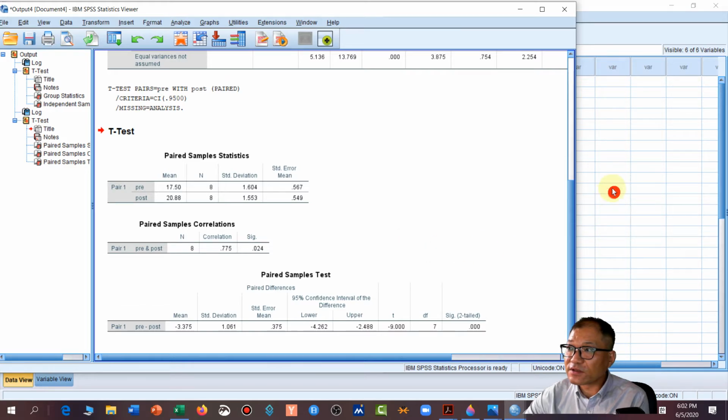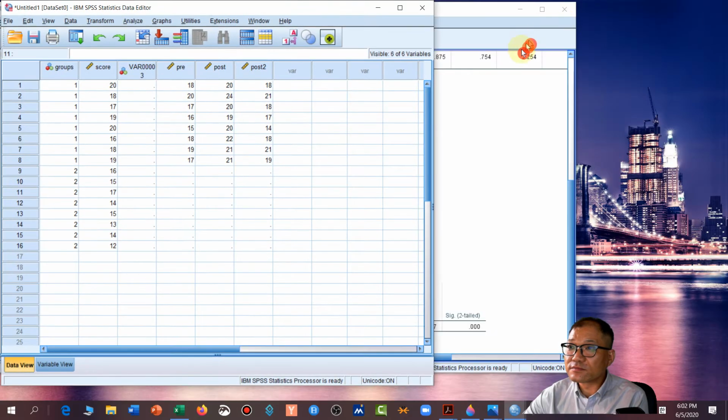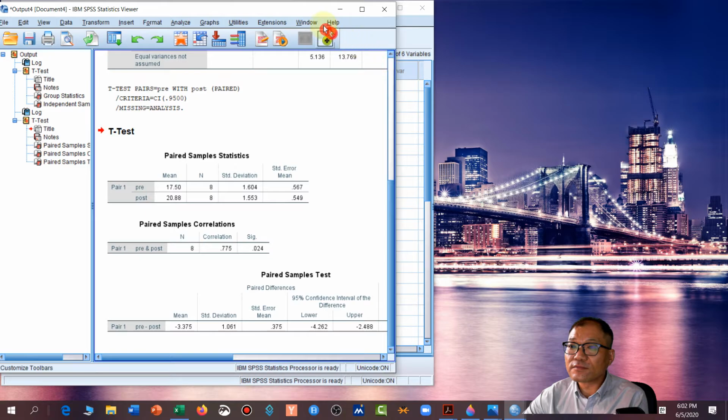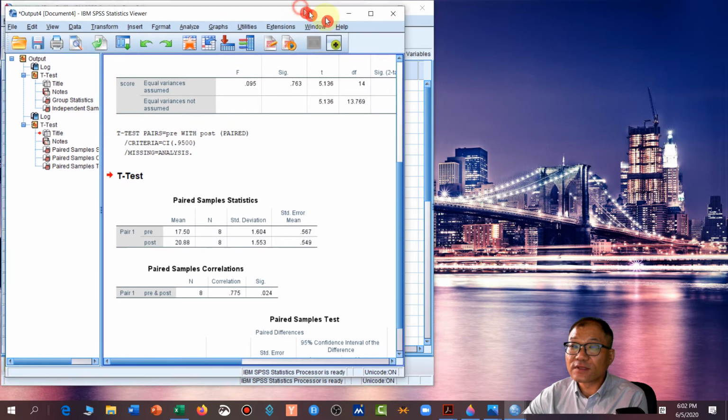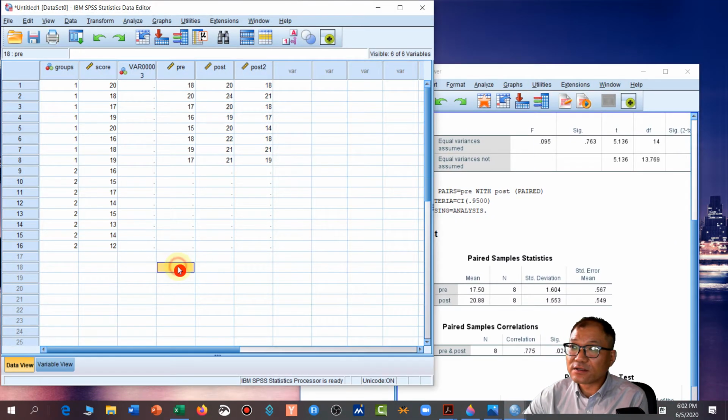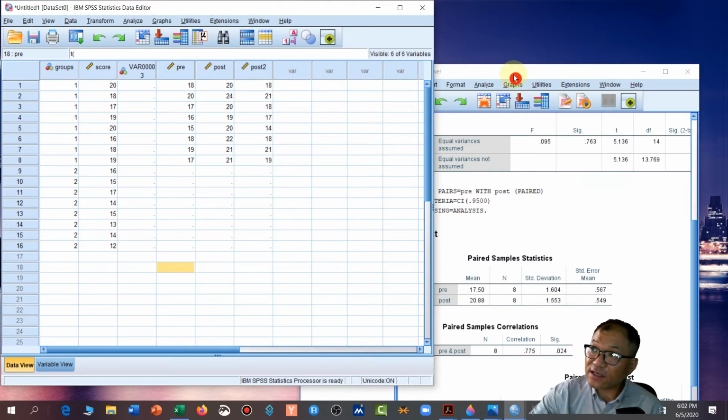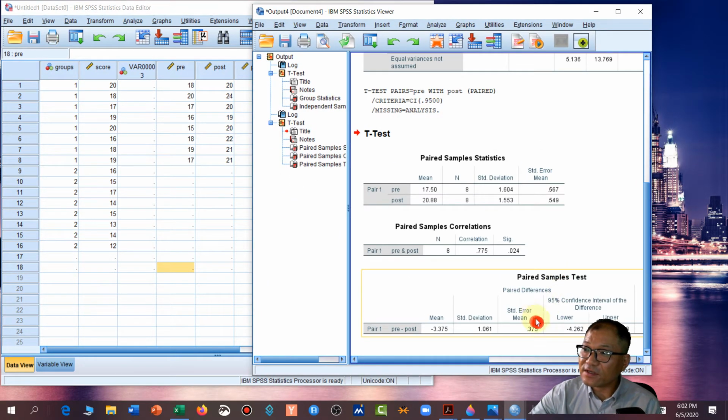That is, you're not going to make any mistake, even 1 out of 1,000. You're not going to make any mistake to confidently report that yes, there was a statistically significant mean difference between pre and post. That's what this really means. So same as independent t-test, let's work on how to report this.